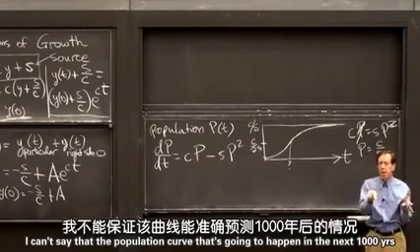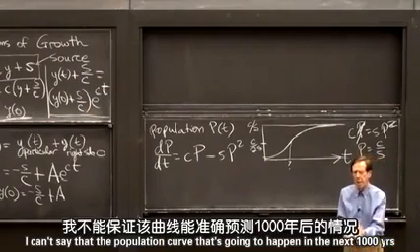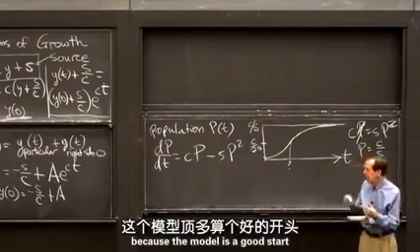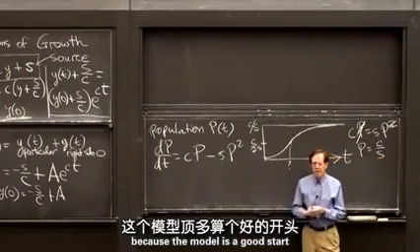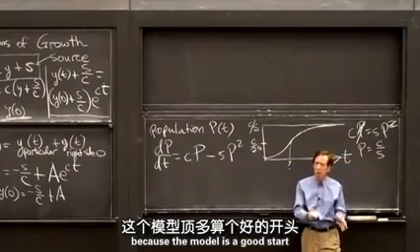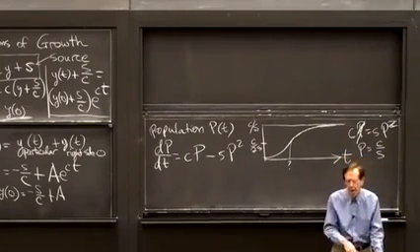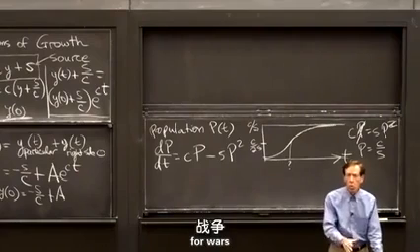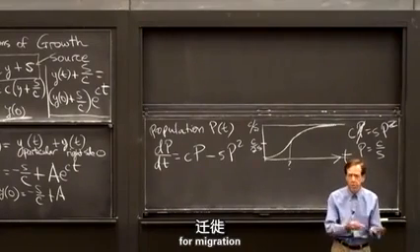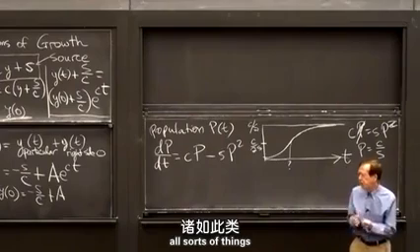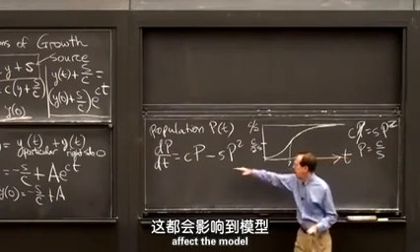I can't say that's the population curve that's going to happen in the next 1,000 years, because the model is a good start, but of course you could add in more terms for epidemics, for wars, for migration. All sorts of things affect the model.